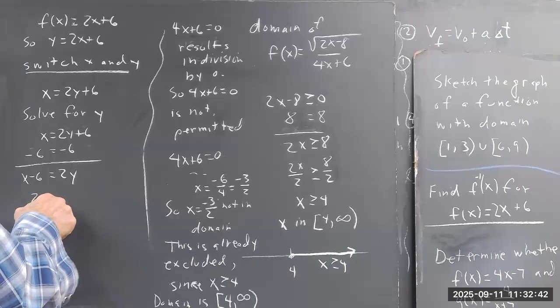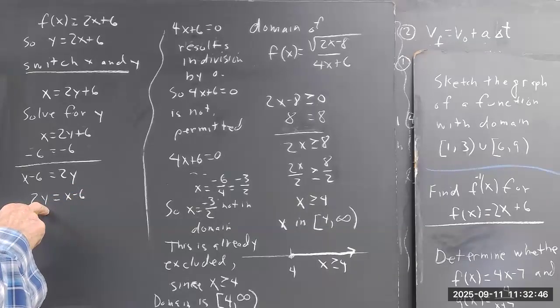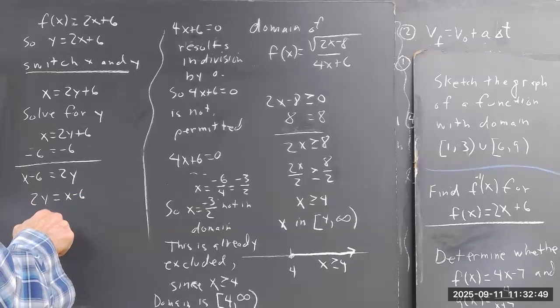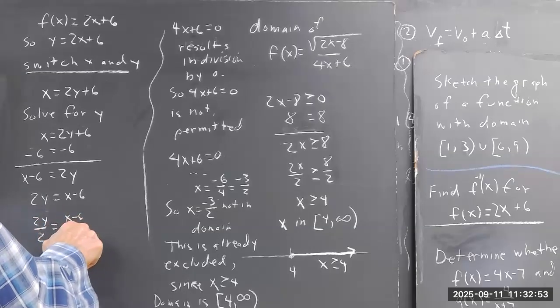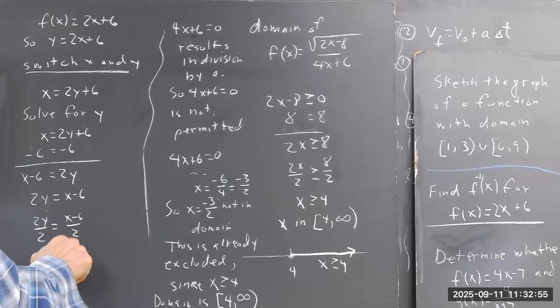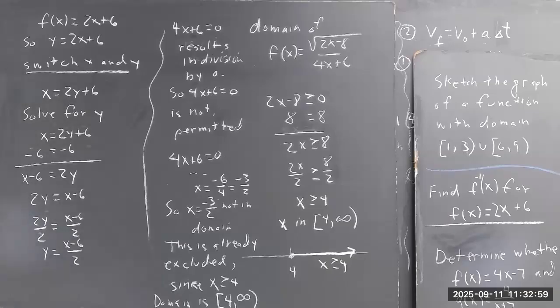And we reverse that because we like the way it looks if the thing we're solving for is on the left. Then we divide by 2. Y equals x minus 6 over 2.